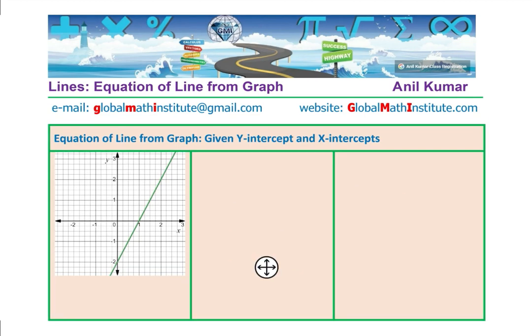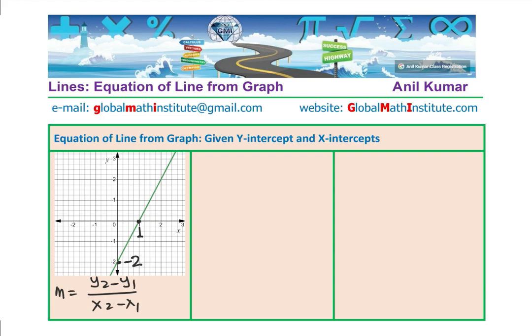Let's take the next one. First step, identify the points, right? X and y intercepts are good points to read here. The x-intercept being at 1, the y-intercept at minus 2. So these points can help you get the slope. And what is slope? Slope m is y2 minus y1 over x2 minus x1.